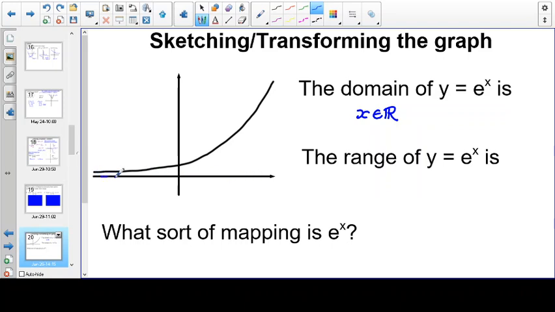So there's an asymptote here. So the range of E is going to be greater than 0. E is a function because it is a one-to-one mapping. Okay, it's one x value maps to one y value.